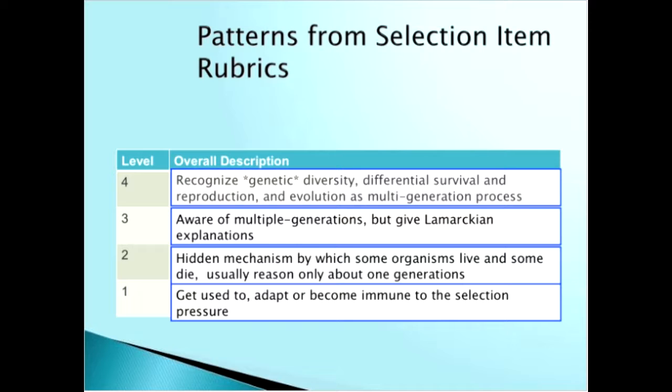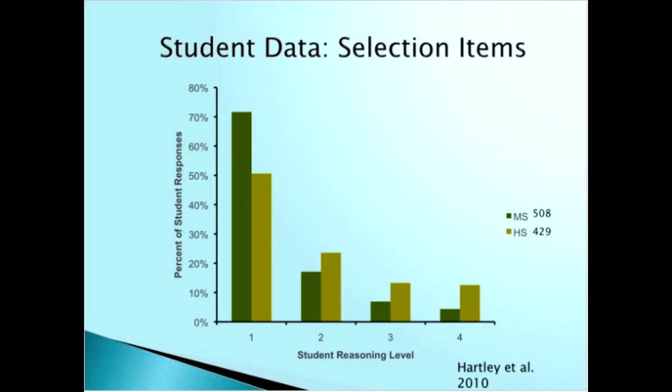So what happens if we look at middle school and high school students across the network in the way in which they responded? Here we have the percentage of students that respond to each of the different levels within the learning progression. The dark green students are in middle school. The lighter green students are in high school. And I think what you see here are a couple of trends.